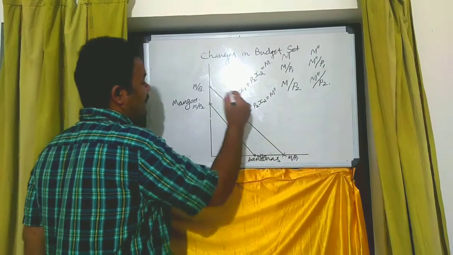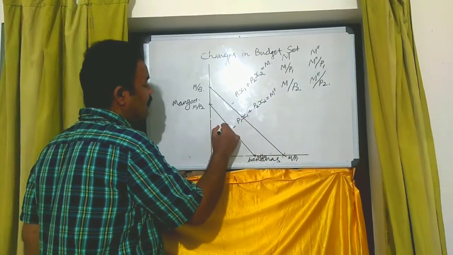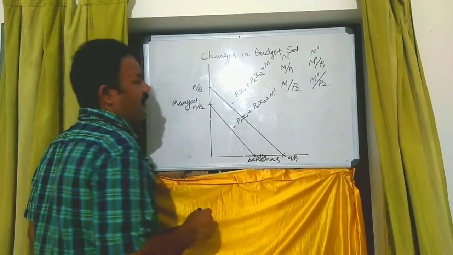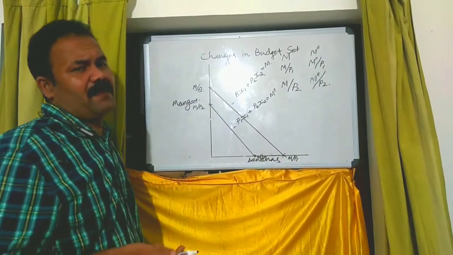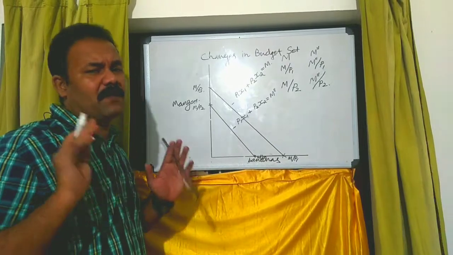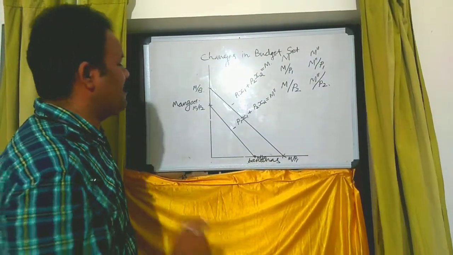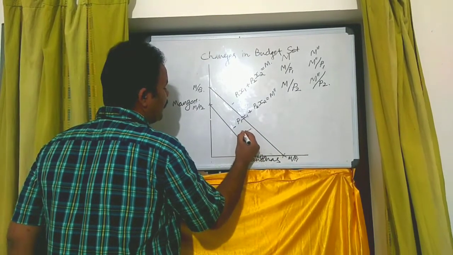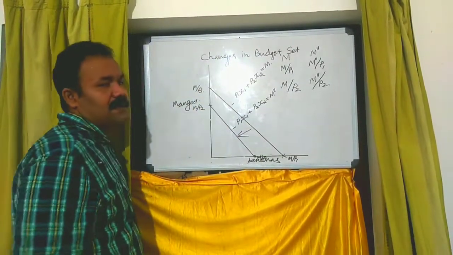So the budget line will shift leftwards due to a decrease in income, and if there is no change in the prices of commodities, the budget line will shift leftwards or downwards.